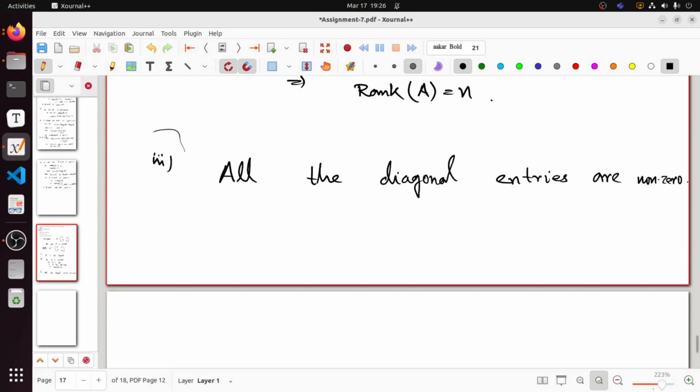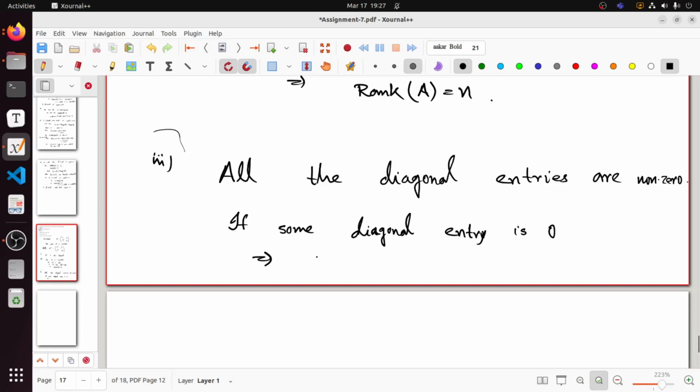Or you can see it otherwise, as we have seen that, if some diagonal entry is 0, which implies, what will we then say? Then the rank of A will not be n, right?